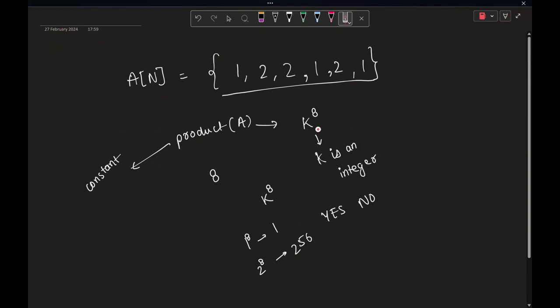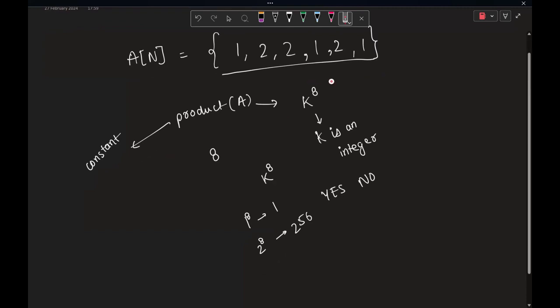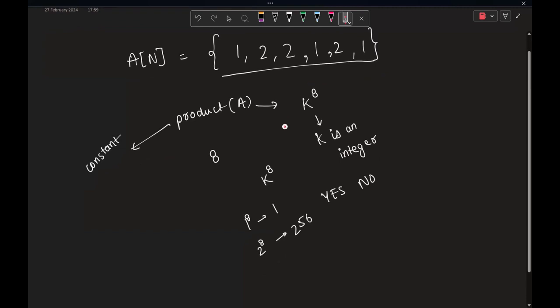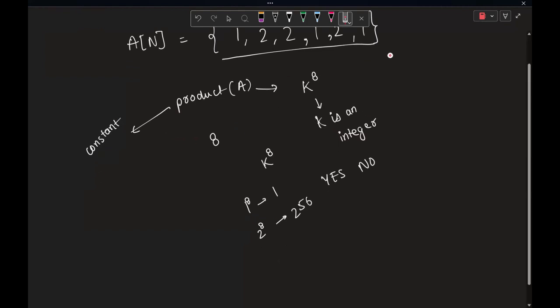The observation which I said here is, we have been given an array, and from that array you are deriving something. Basically, you are deriving a product of all the elements, and then you have something to do with that product, right? And whenever we see a problem, what we try to do is make it as simple as possible so that we can solve it easily.